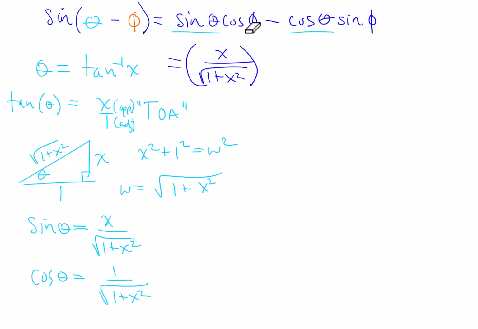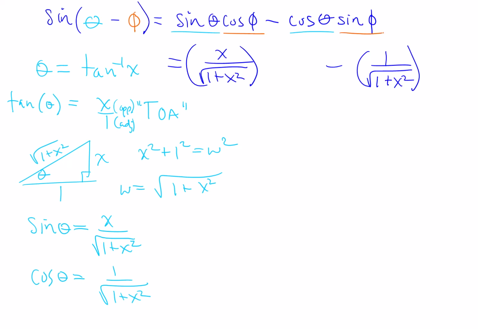We'll get there. But then we also have, in the first factor of the second term, cosine theta. We know what that is by now. Cosine theta is 1 over the square root of 1 plus x squared. And again, we're not done because we have more to evaluate. We have to figure out now what cosine phi is and sine of phi.